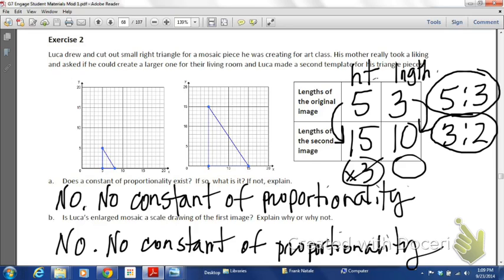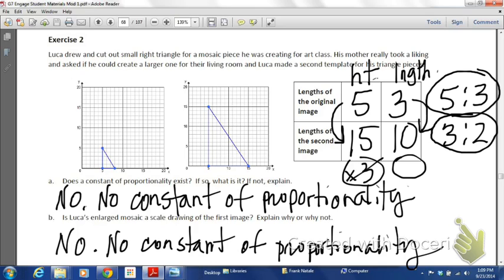So the answer to A, does a constant of proportionality exist? No. If so, what is it? There isn't one. If not, explain. Well, it's not proportional because, as we just talked about, there is no consistent ratio or consistent multiplier.